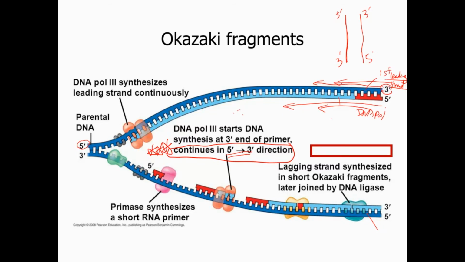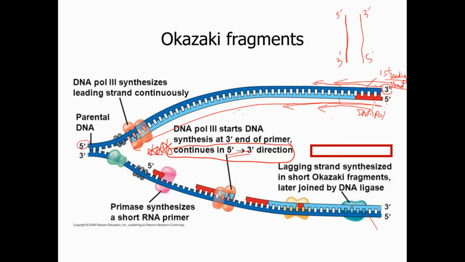Okay, so 3 to 5 is totally the opposite of 5 to 3. And then we know the new DNA strand has to go from 5 to 3. So they are complementary, they kind of match with each other, right? So for this leading strand, the DNA synthesis is continuous. So it will just keep going from 5 to 3 until the entire strand is replicated, all right? Okay, so that's the leading strand.